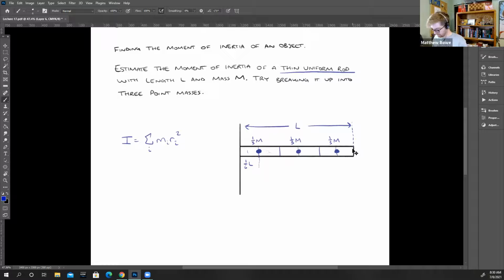Hopefully you can see that, taking all of these lines away, this will only be 1/6 away from the axis of rotation. If we go to this one out here, that will be 3/6 of the total length L. And this final one, the third one over here, will be 5/6.